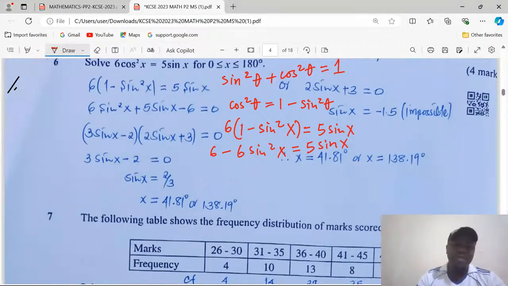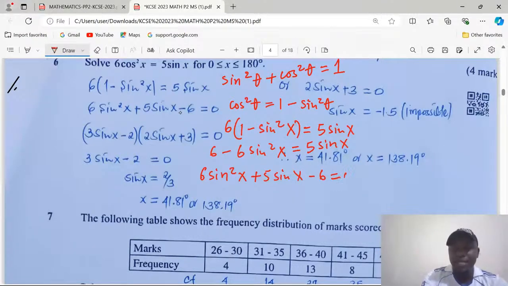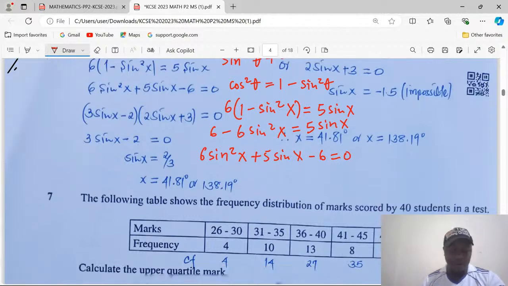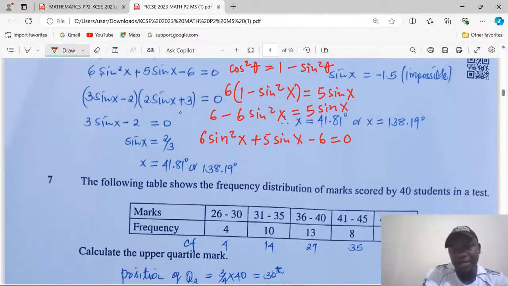The negative 6 sine squared of x can be taken to the right-hand side, whereby it becomes positive. So 6 sine squared of x plus 5 sine of x minus 6 equals 0.